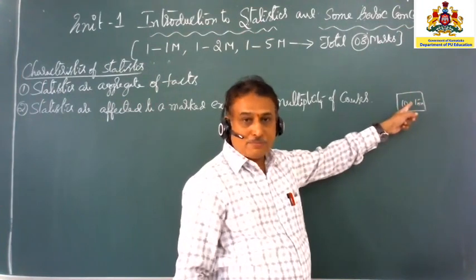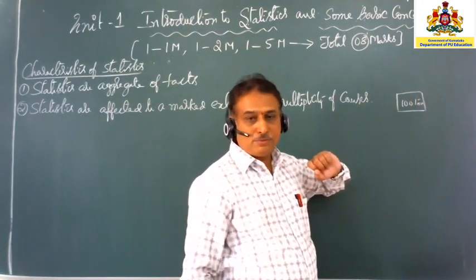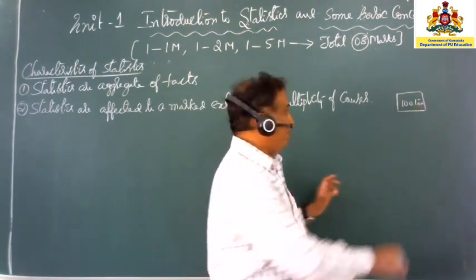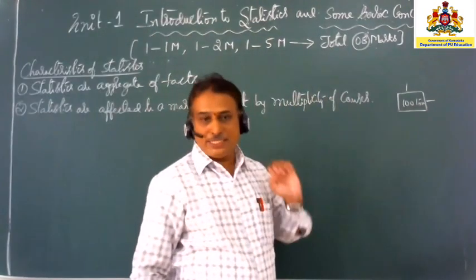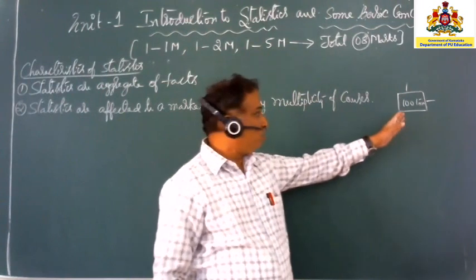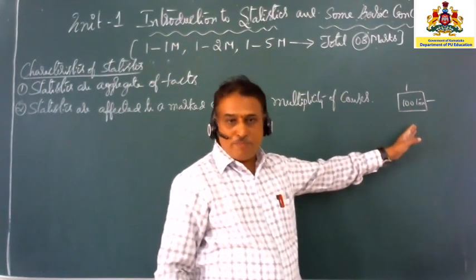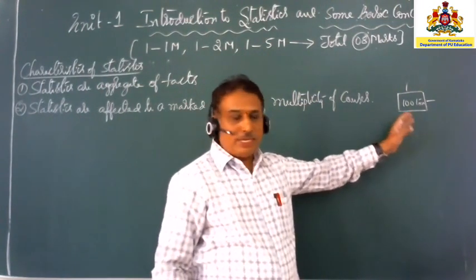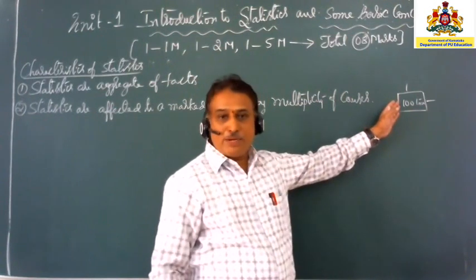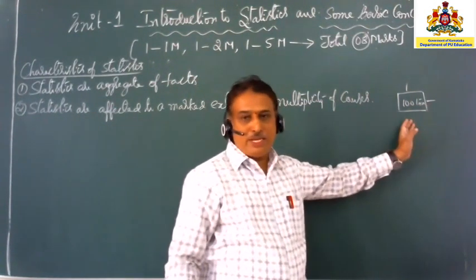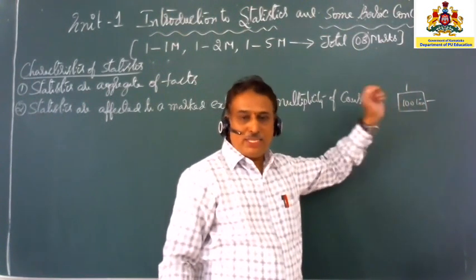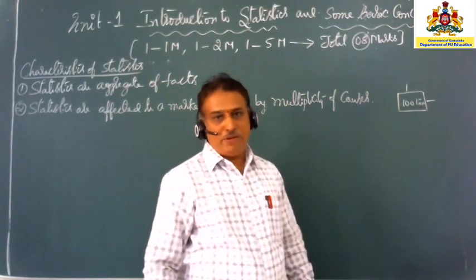It may be good rainfall, or the farmer may be using good quality seeds. The amount of fertilizers may be used. Next, good encouragement by the bankers and government. All these are the many causes that affect this numerical value.